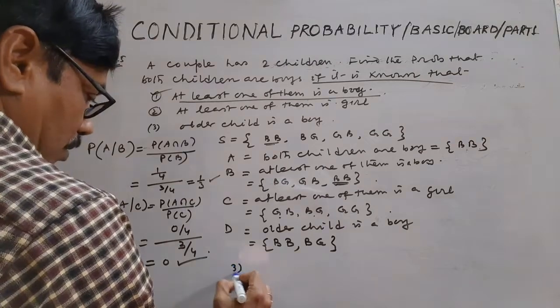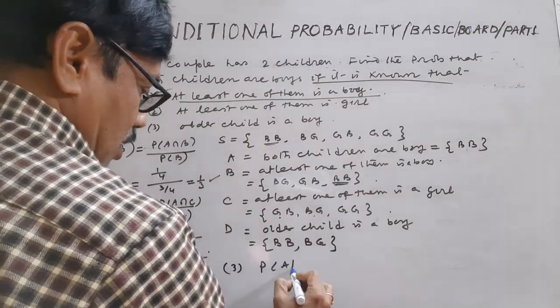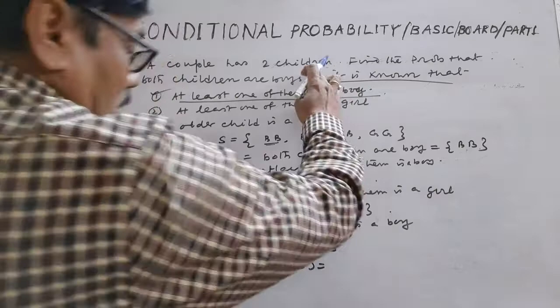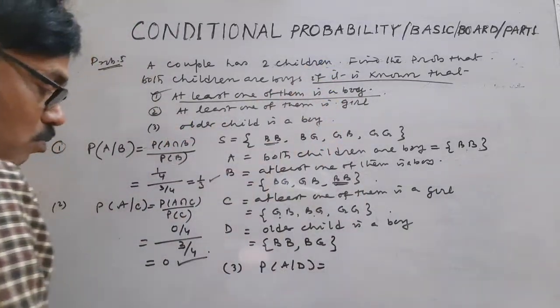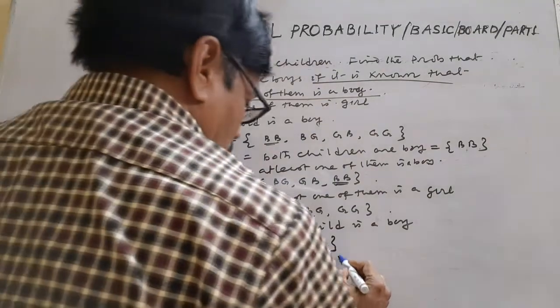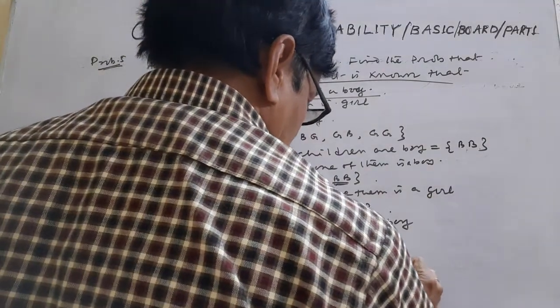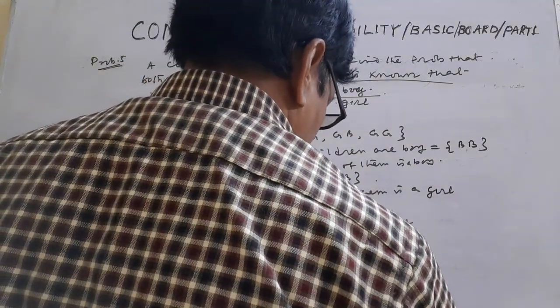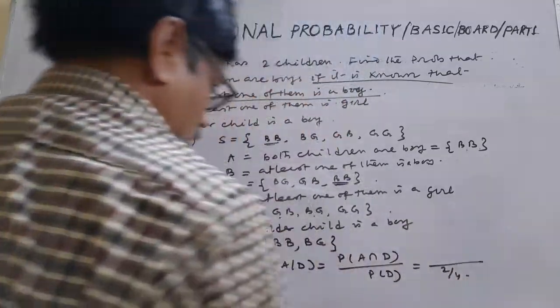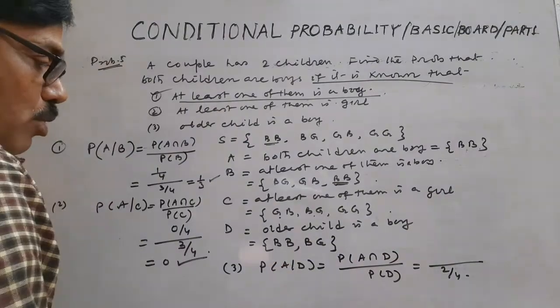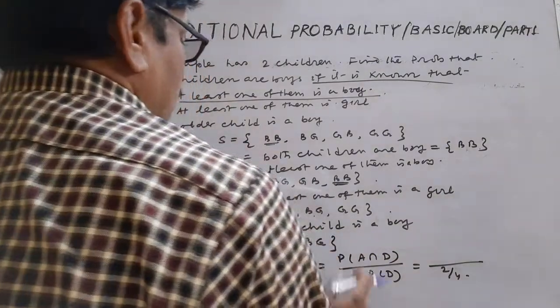So the third one, P(A by D). Both are boys under the assumption that the older child is a boy. So P(A intersection D) by P(D). P(D) is 2 by 4, older is a boy.